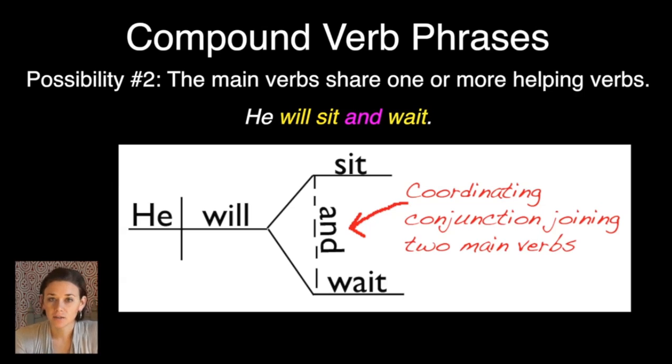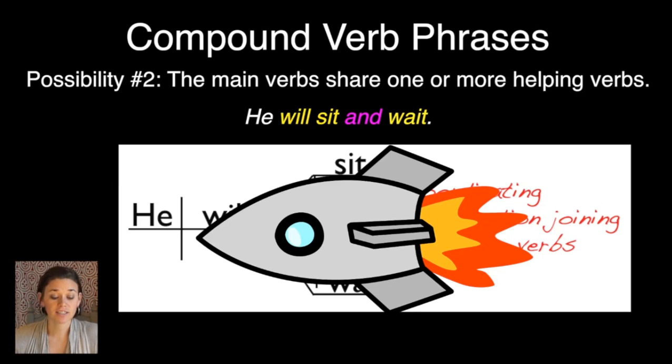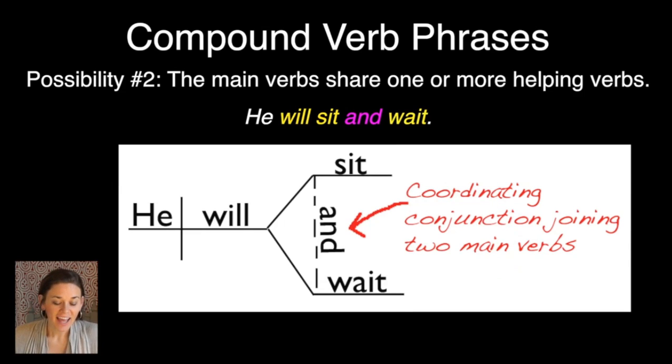He will sit, he will wait. You can see your little rocket ship in that picture if you're still imagining that when you're diagramming your sentences. And the coordinating conjunction and goes on that dotted vertical line between the 2 elements that they're connecting. In this sentence, the 2 elements that the coordinating conjunction is connecting are main verbs.